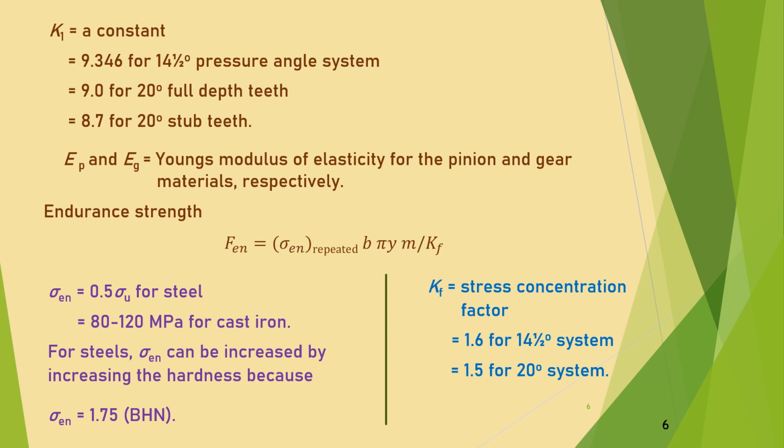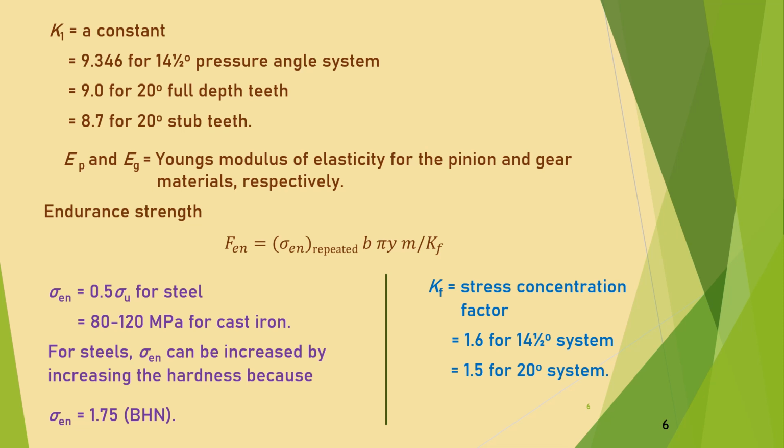The endurance strength of the tooth, that is the strength of the tooth against fatigue fracture, is given as Fen equal to sigma en, that is endurance strength of the gear tooth material, times the beam width b, pi, y, m, divided by the stress concentration factor Kf. Sigma en is related to ultimate strength for steel by the relation sigma en equals 0.5 sigma u.